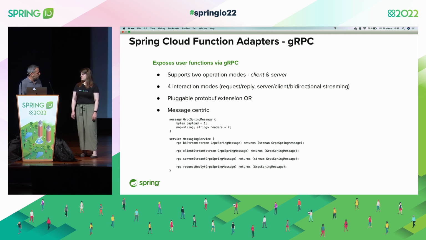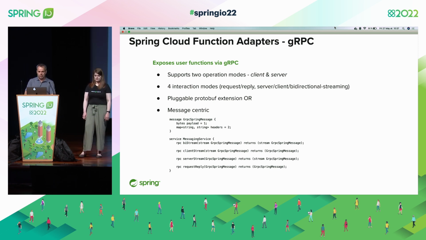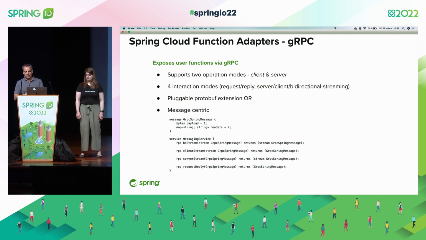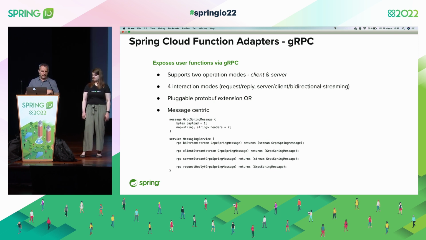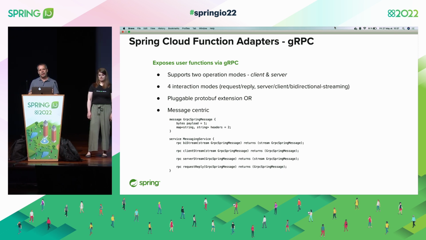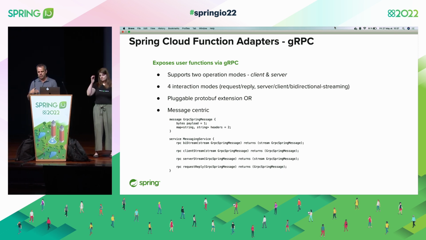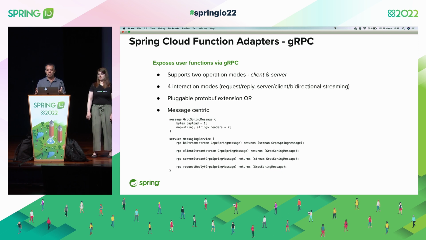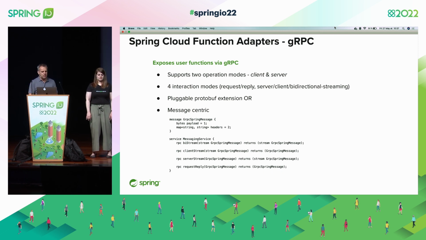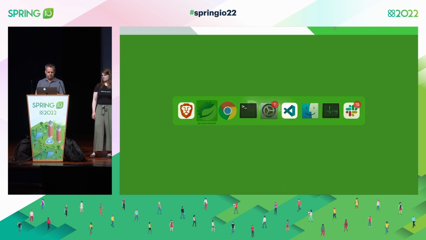So the user doesn't need to create all these. However, what if that is something that you wanted to do, right? I mean, we can't claim that we support gRPC without fully supporting gRPC features and functionality. So yes, we do provide pluggable protobuf extensions, and I'll show it to you right now.